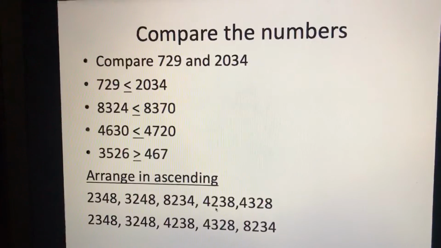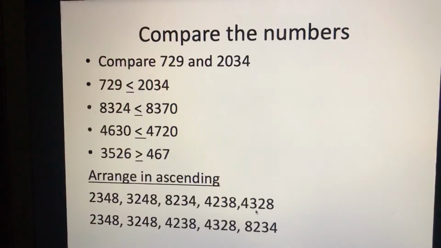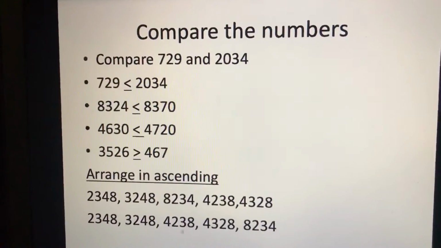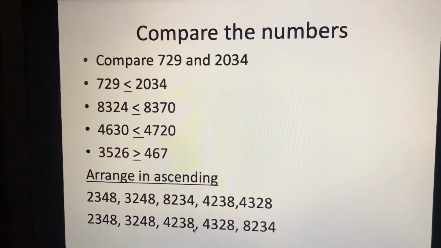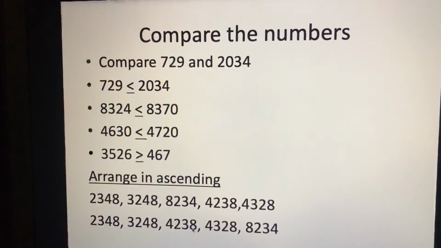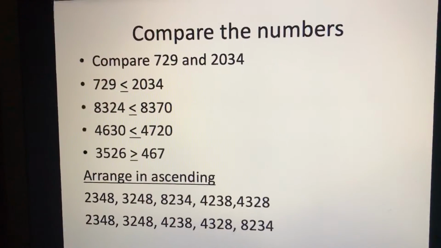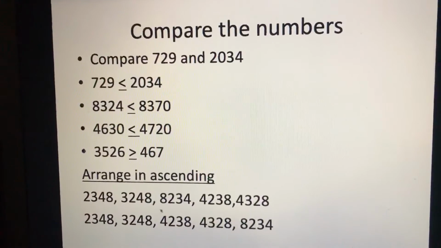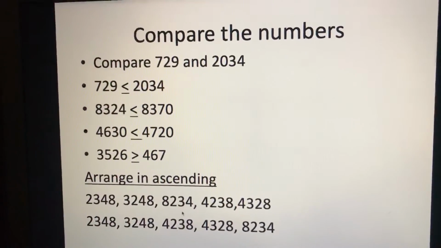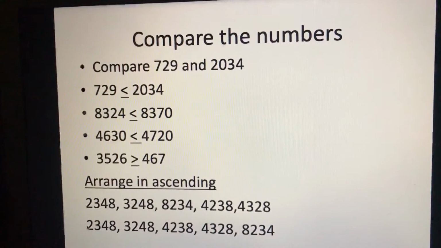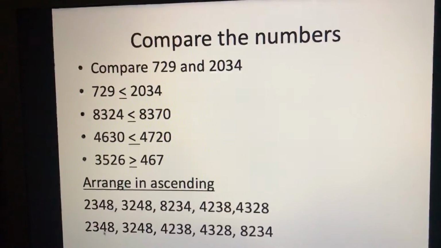Next is hundreds, 2 and 3. 3 is greater than 2. So we take this number, 4238. Next is 4328. We write here, and the largest number is 8234. It is the largest number, and the smallest number is 2348.